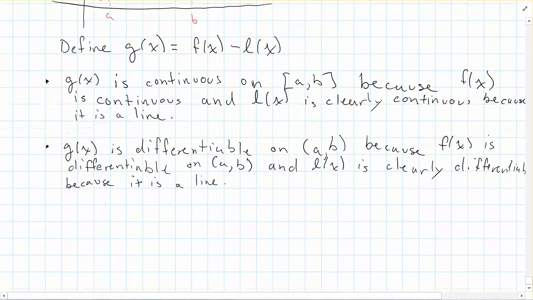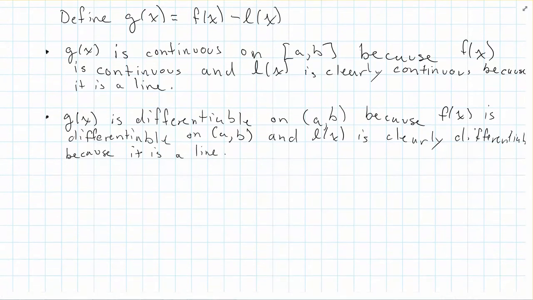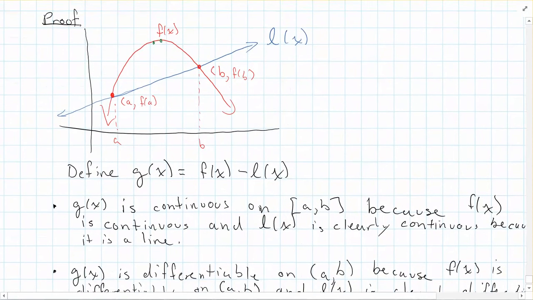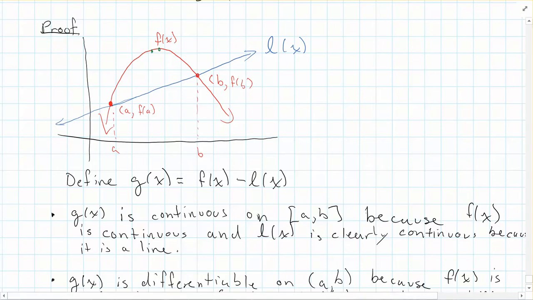Okay. Now we're setting ourselves up to apply Rolle's theorem, because then we're going to look at what g(a) is. g(a) would be f(a) minus L(a). But let's go back and look at this graph. f(a) is this point right here, but wait, that's the same point that's on the line.